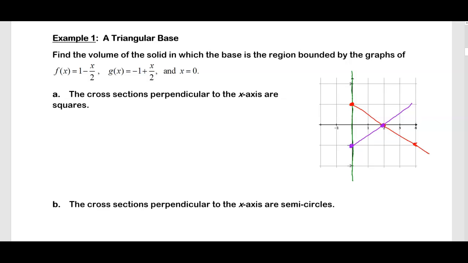So the square itself is going from the top curve to the bottom curve to get you S. The length of the side is going to be the top curve to the bottom curve every single time. The length of the side is going to be represented by this distance. It's going to change. So S is equal to red minus purple.